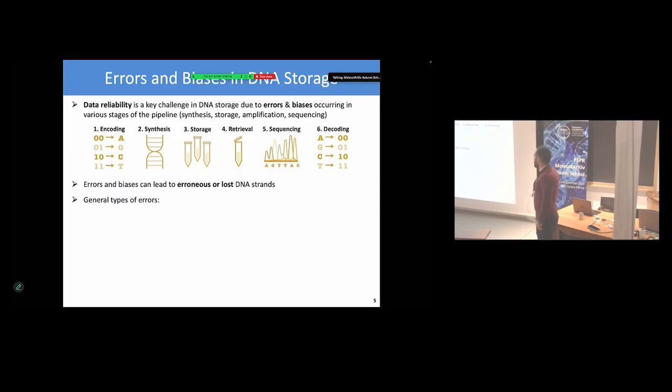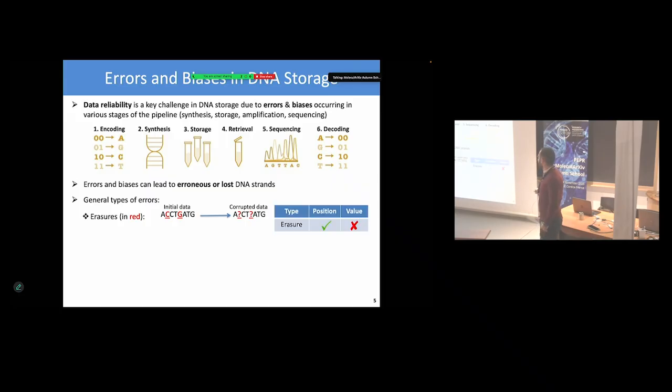Now let me move to the general types of errors that we have in error control coding. First, there are erasures. So let's say we have this initial data, and these nucleotides underlined in red are erased. In this case, they are replaced by some unknown symbol on the other side. So for erasures, we actually know the positions of the errors, but we don't know their value.